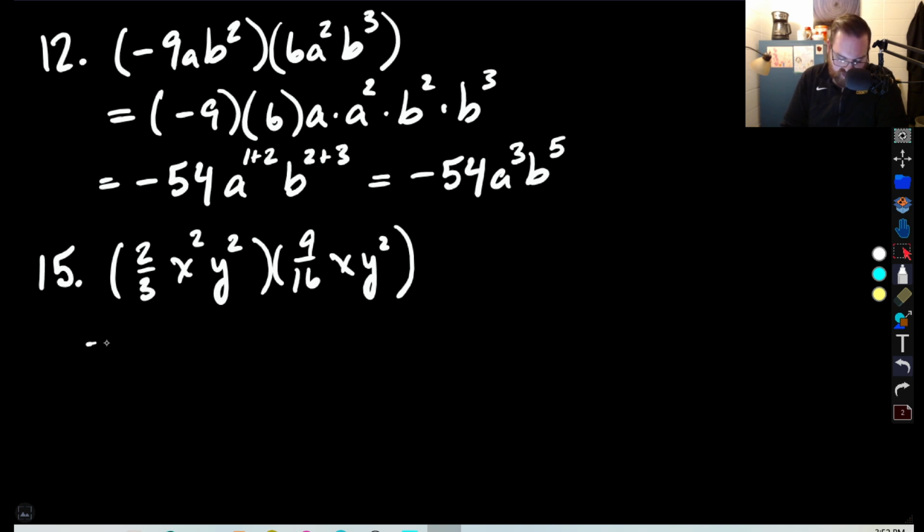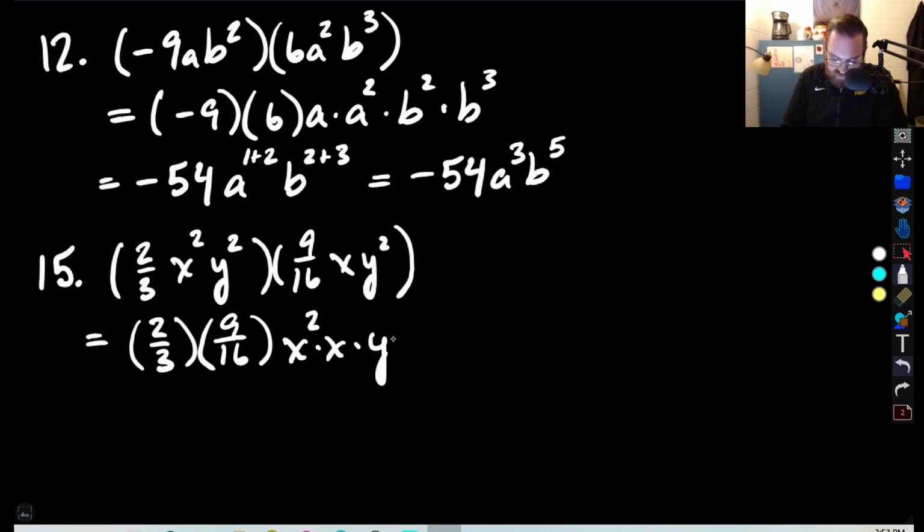So in this case, when I simplify this, I'm going to have 2/3 times 9/16, times, I should say. I need the x's and y's. Forgot those. X squared times x times y squared times y squared.